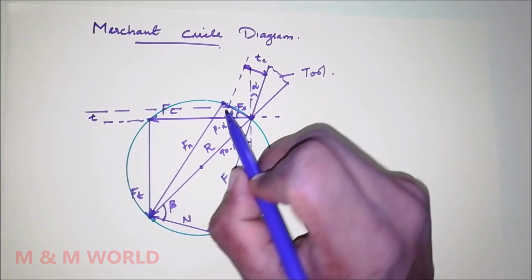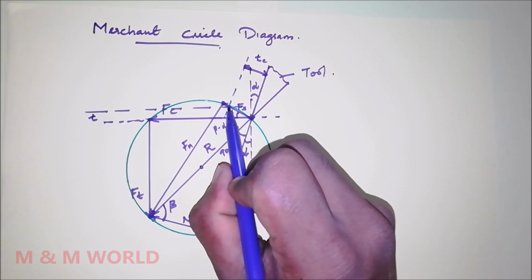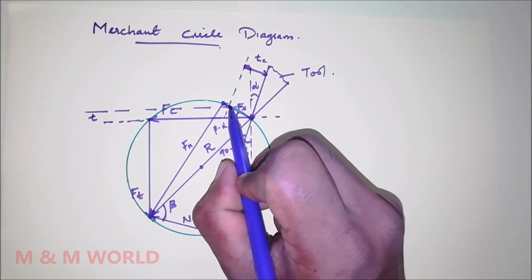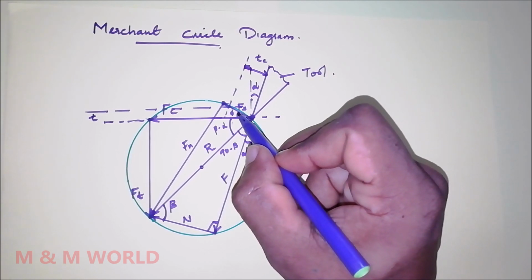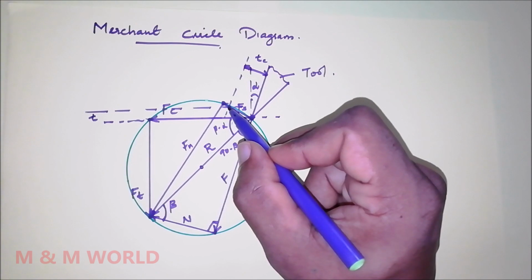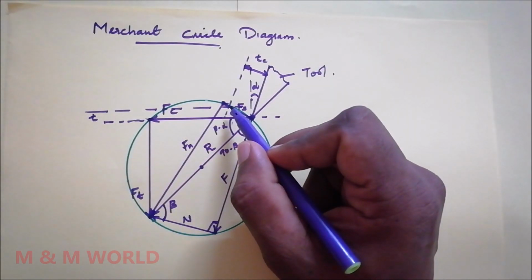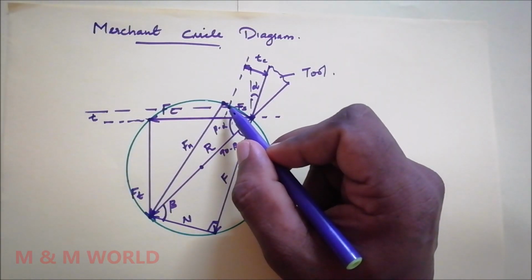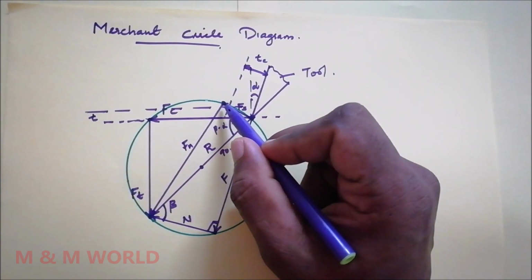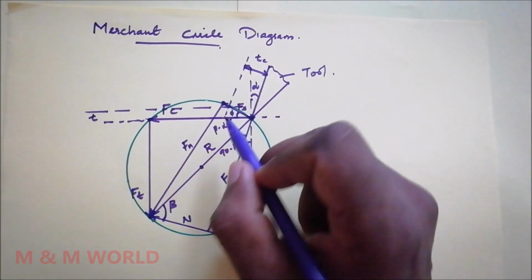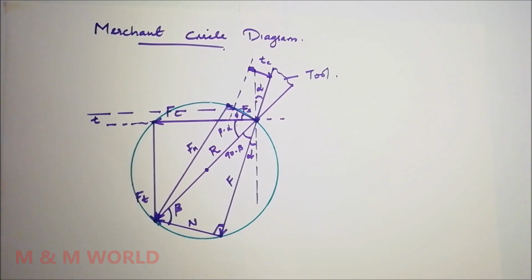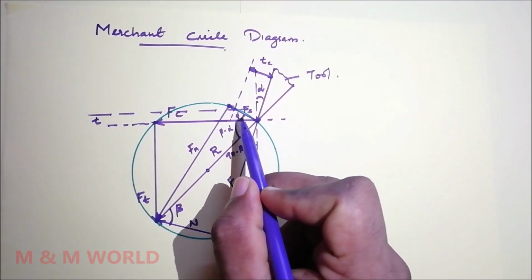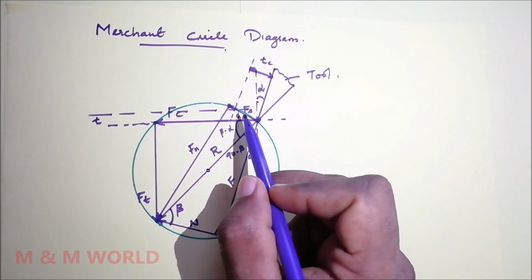Now these two lines intersect at a point. Then from the origin, draw a line which passes through this intersection and meets at a point on the circle. So this line will be the shear force Fs, and the angle between Fs and Fc is phi, the shear angle.